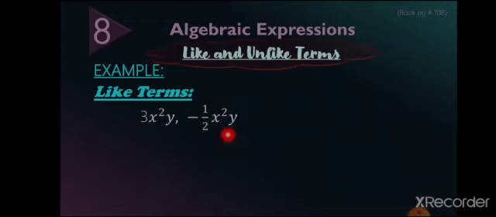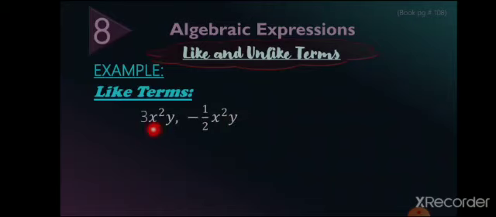How will we say these are two like terms? It's 3x square y and the second term is minus 1 by 2 x square y. So how will we know that these are like terms? Because in like terms, corresponding exponents are same and the variables are also same.